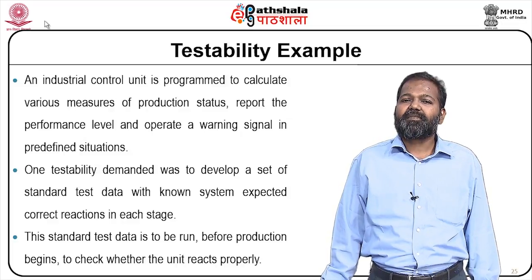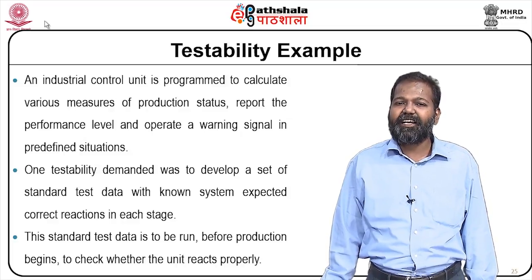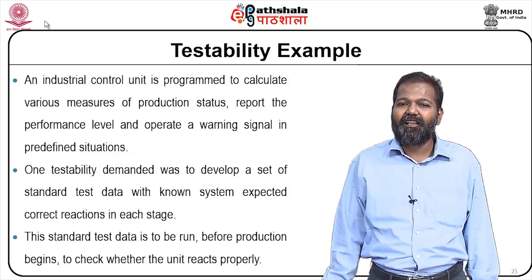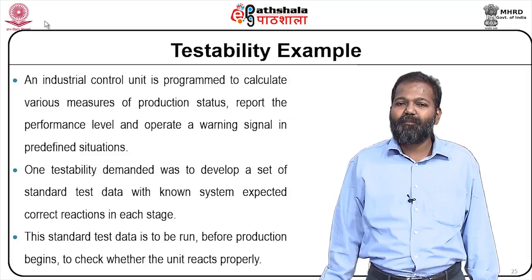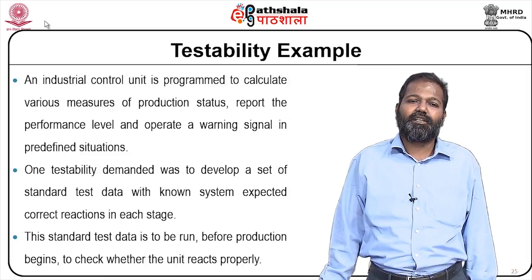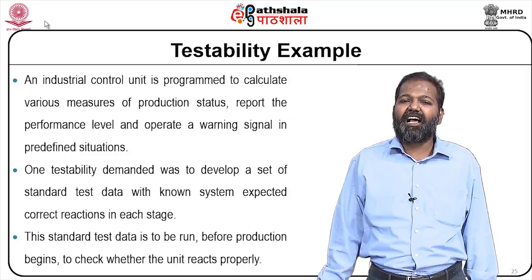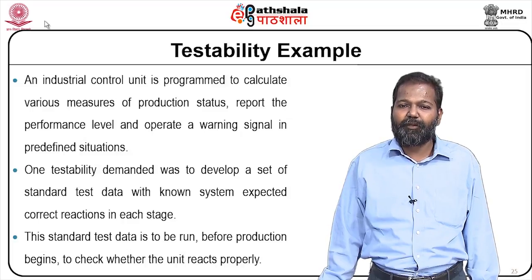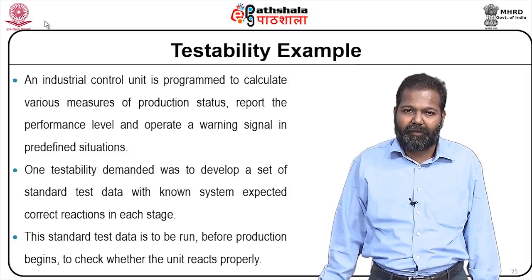One testability demand was to develop a set of standard test data with known system expected correct reactions in each stage. The standard test data is to be run before production begins to check whether the unit reacts properly.